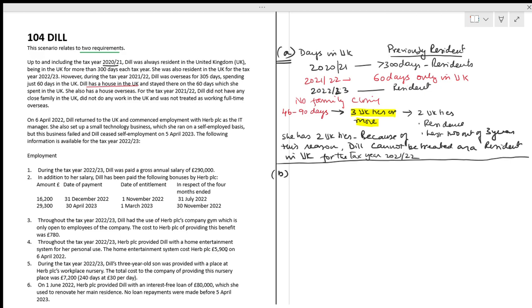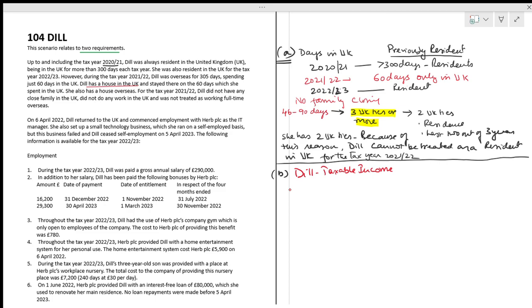During the tax year, Dill was paid a gross annual salary of 290,000. Next, what we have to do? Dill's taxable income for 2022-23. They are asking us only for taxable income, not income tax liability.